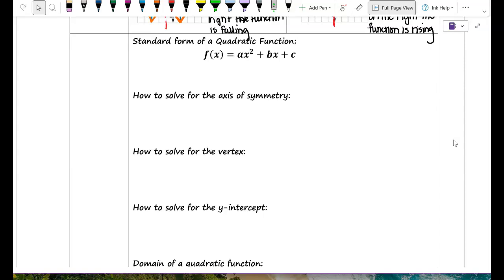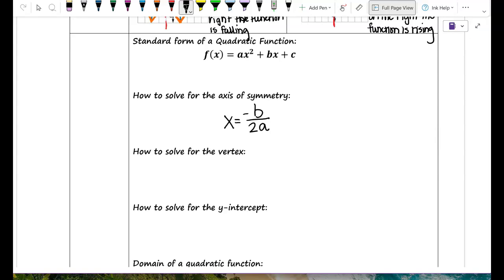When you are in standard form, to find your axis of symmetry, there is a formula. You can use x equals negative b divided by 2a. So the opposite of b divided by 2 times the value of a. That gives us our axis of symmetry, which is the first step, because if I know that x equals some number as my axis of symmetry, I also know that my vertex has to share that same x value.